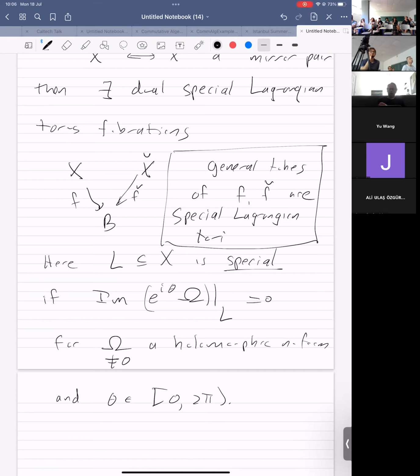And I use the word fibration here to indicate that possibly not all fibers are tori. Otherwise, I would say torus bundle. And the reason you have to allow some fibers that aren't tori is otherwise you're not going to get particularly interesting topology.